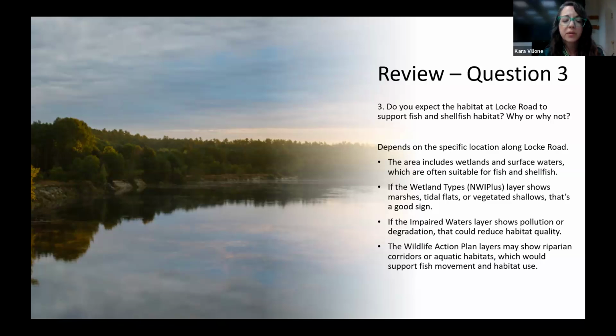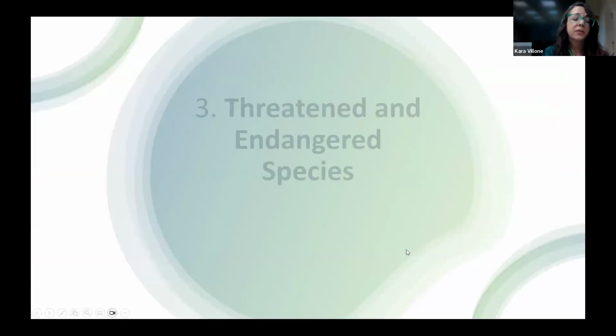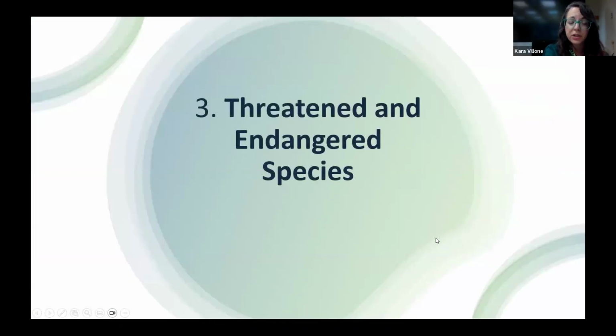The wetland types layer shows marshes, tidal flats, and vegetated shallows. If it shows those, it's a good sign that there's probably fish and shellfish habitat there. If the impaired waters layer shows pollution or degradation, that can reduce the habitat quality, but maybe not so that there's no species found there. It may just be the more sensitive species won't be present. But that depends on the level of contamination as well.